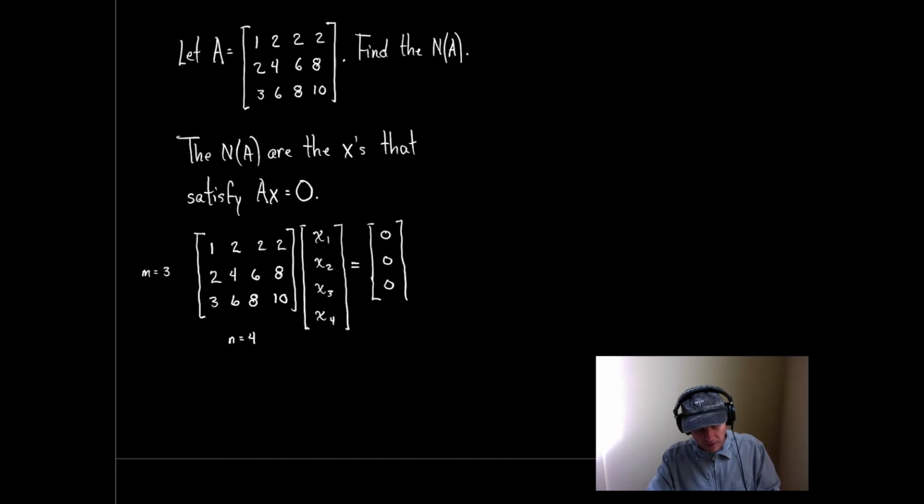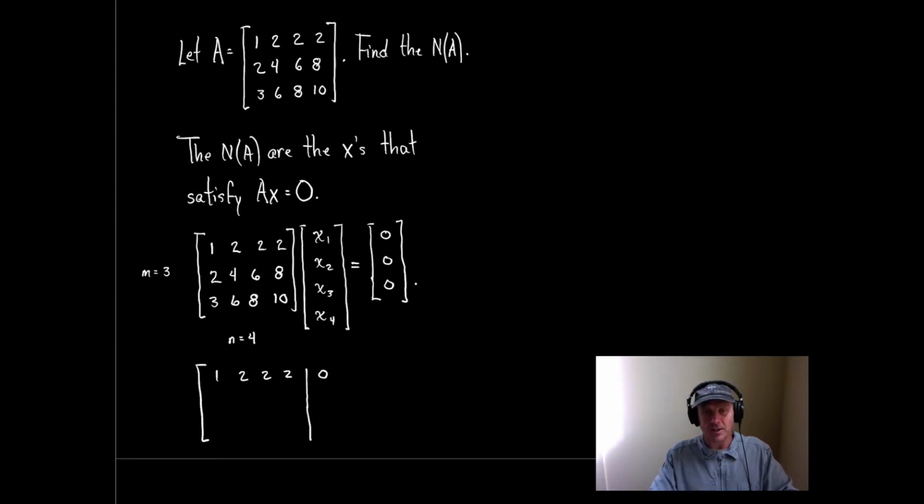Now, when we've solved this matrix equation, what we did is we made the augmented matrix. We made the augmented matrix of 1, 2, 2, 2, and we didn't worry about the variables because they never changed. Then we'd put a vertical line, and then we'd put the B matrix.